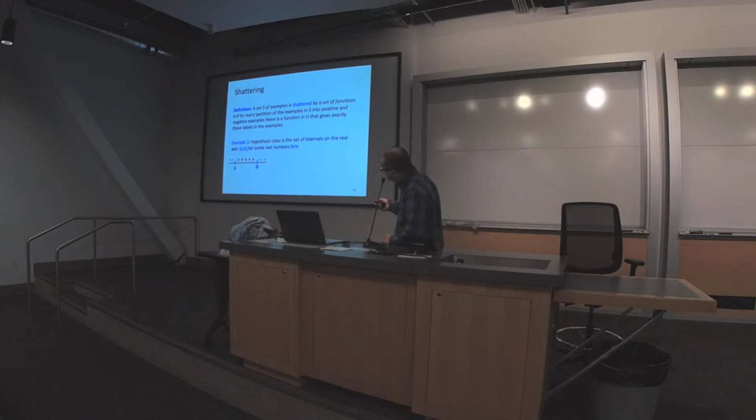All the points inside the interval are classified as positive, outside negative. This hypothesis space of free intervals is flexible enough to shatter 1 point and 2 points, which I'm not going to explain; I will leave it as an exercise for you. But it cannot shatter 3 points.